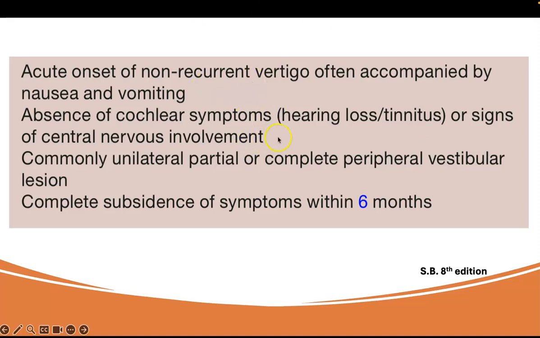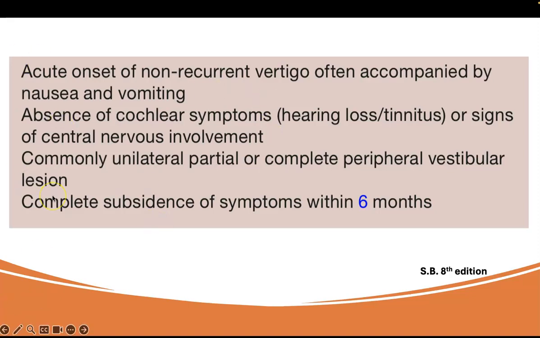If these symptoms are present, then you have to rule out other things, which we'll talk about in differential diagnosis. Then commonly unilateral, partial or complete peripheral vestibular lesion, and complete subsidence of symptoms within 6 months.